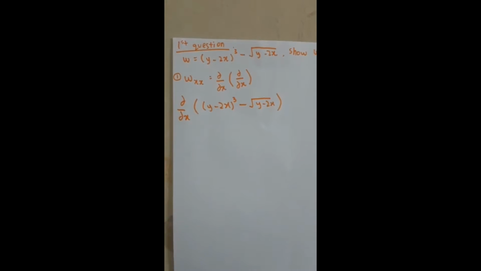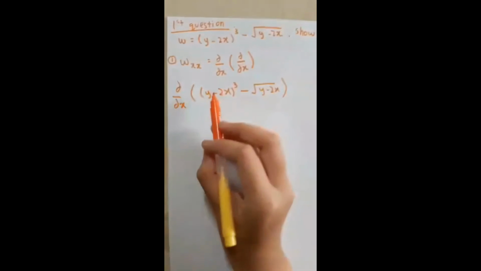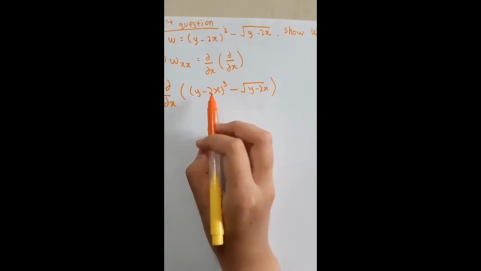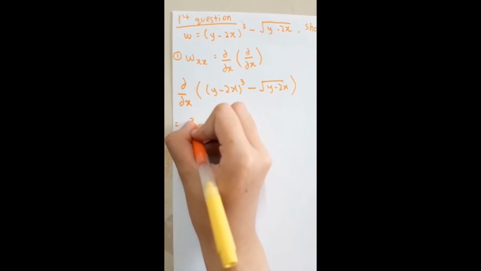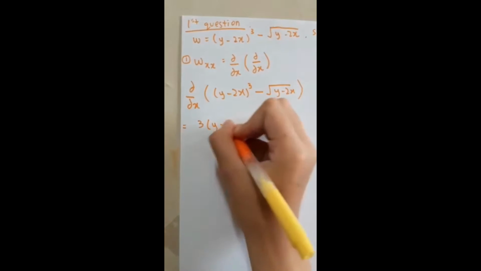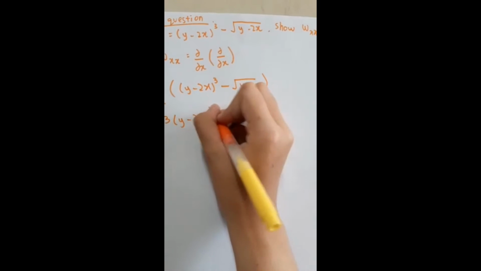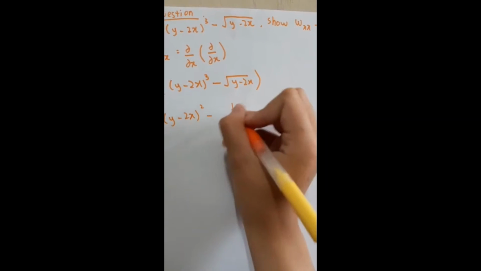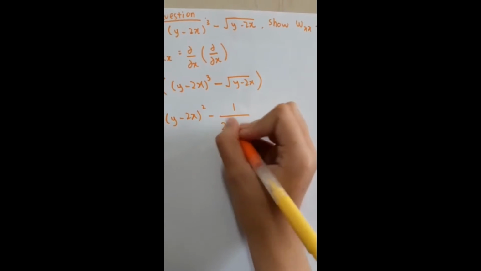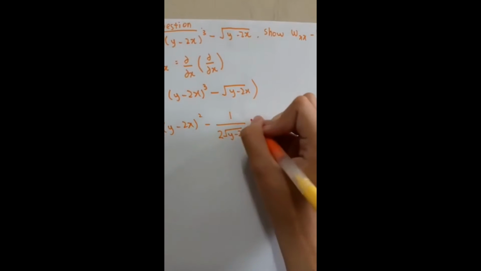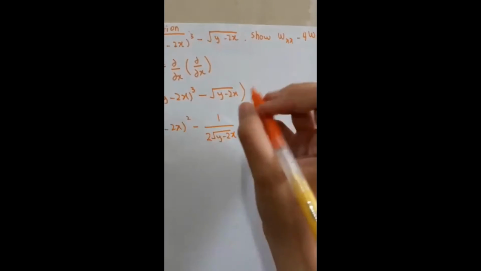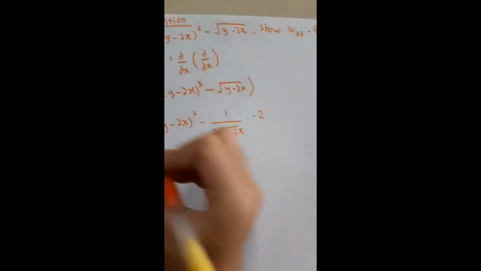Okay, so we differentiate it. We use the chain rule. So 3(y minus 2x) to the power of 2 minus 1 over 2 square root of (y minus 2x), and differentiate the inner part, which is negative 2.